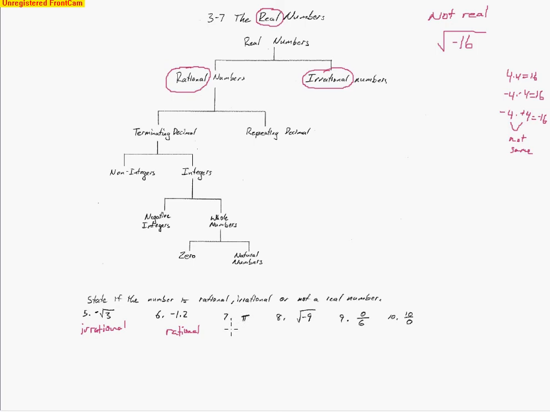Pi, there is an approximate for it, but we don't have an exact answer for it. So the decimal does not repeat in a pattern, and it does not terminate, so we call that an irrational number. Now here's the example of one that is not real. So numbers that are the square root of a negative is a type of number that is not real.